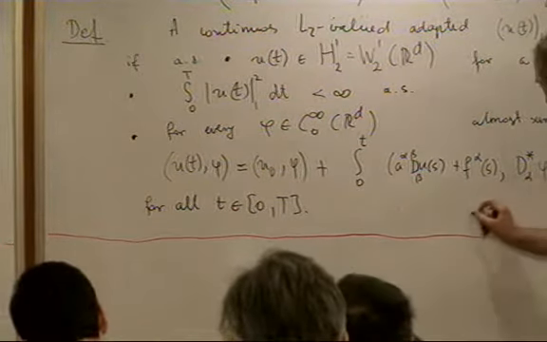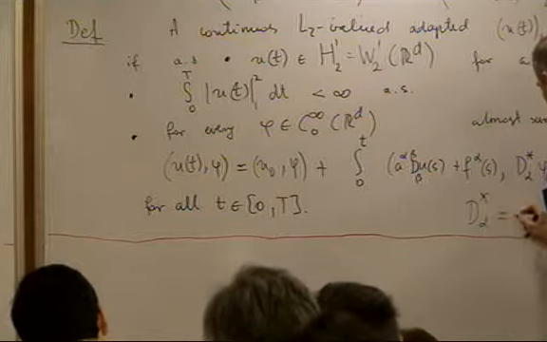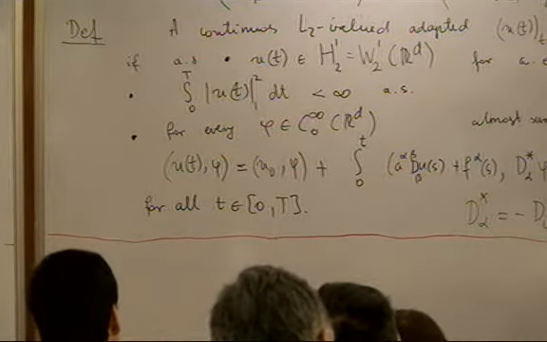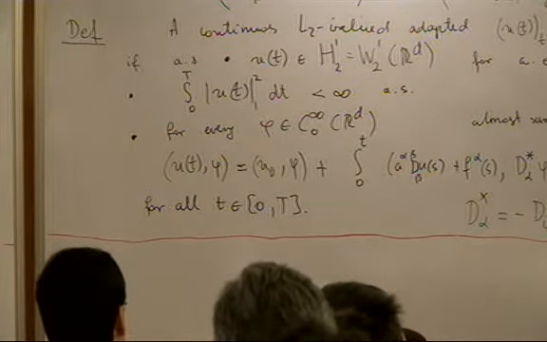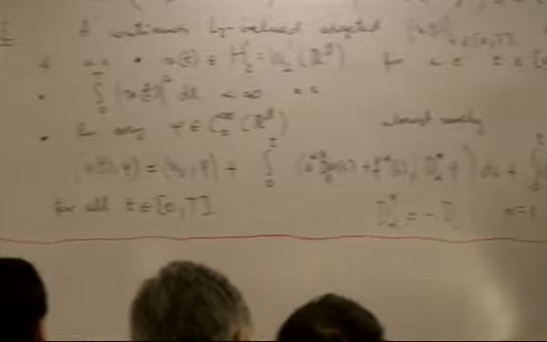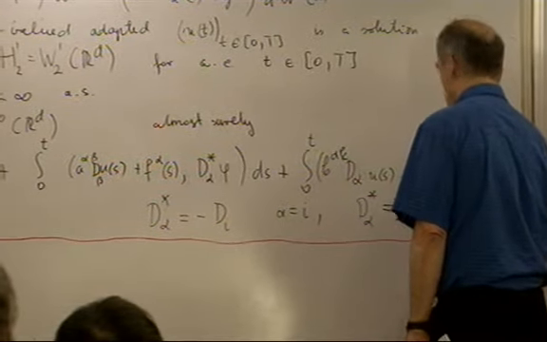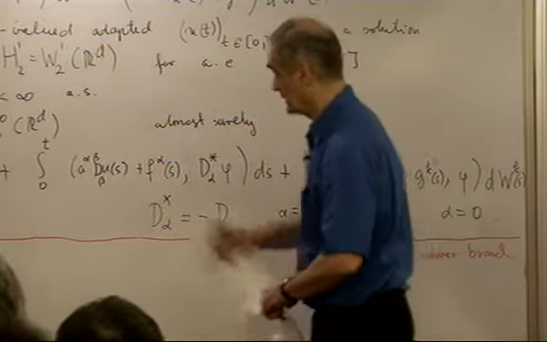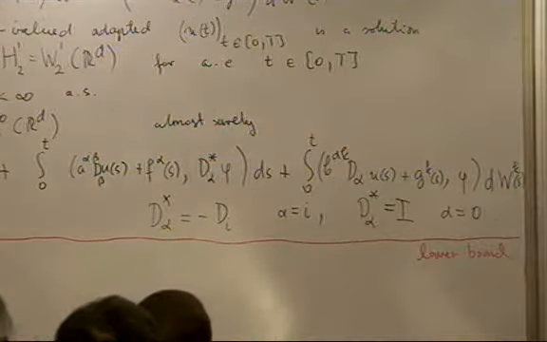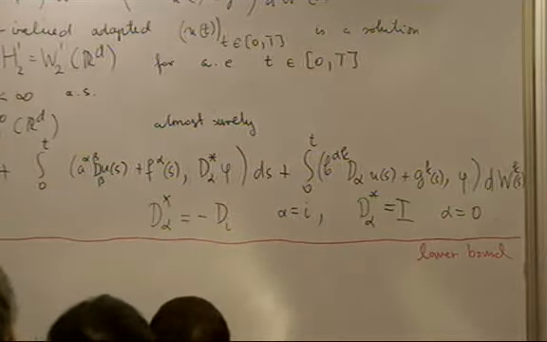This is just a notation for minus d_i when alpha is i, and the identity when alpha equals 0. So the natural definition is dropping the derivative onto the test function.